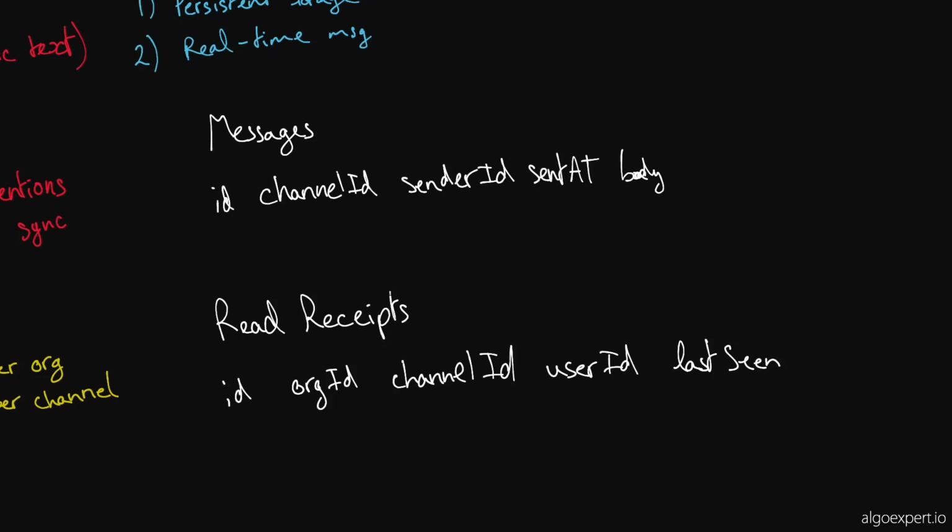Well, maybe we on boot, so we said on boot we didn't really want to get all the messages, right? But maybe it makes sense on boot to get, for every channel in that get my channels response, the last message in the historical messages table for that channel, and see if the sent at timestamp came before or after the last seen timestamp.